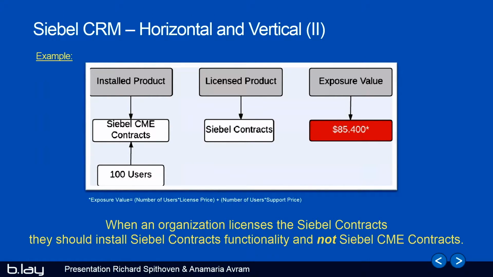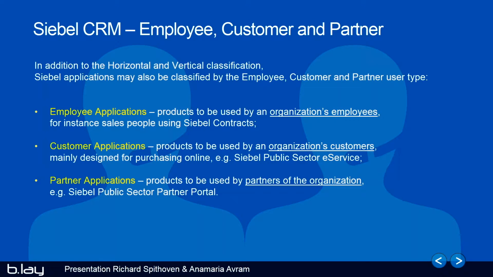In addition to this horizontal and vertical products classification, we also can have products classified by the user type. They can be employee applications, which are mainly used by organizations' employees, for instance, the salespeople that are using Siebel contracts. Customer applications, of course, are used by the customers of the organization.